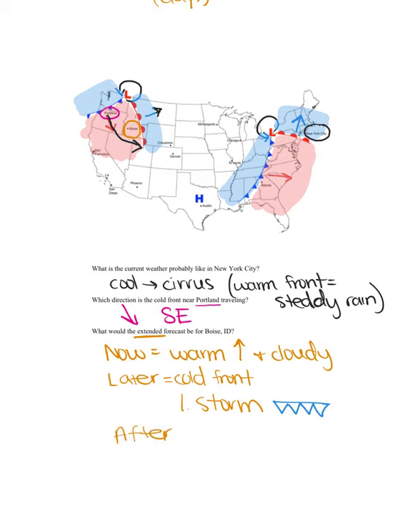And then after, it'll get cool. Now, cool air, remember, is heavy, so it's sinking down. Do we have clouds down on the ground? No. So it's going to be cooler and clear after the storm passes. And that's going to be extended because we're looking over an extended or a longer amount of time.